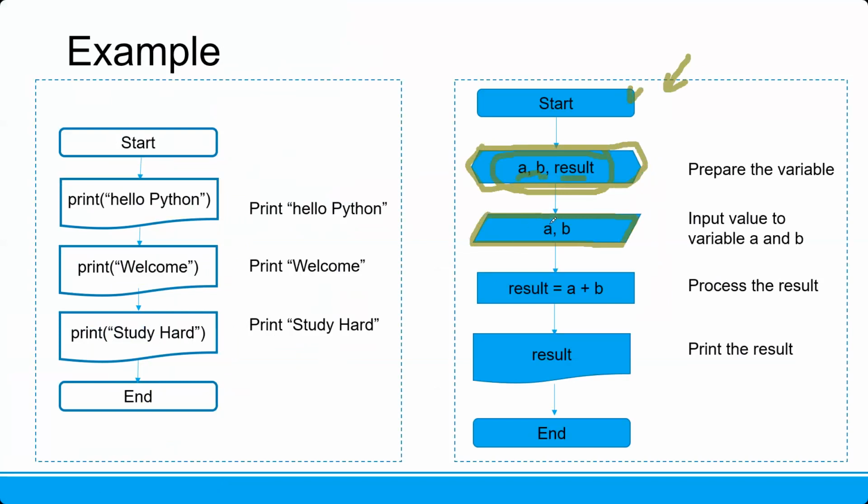So I'm going to give input to variable A and variable B. And then next, I'm going to put the result as A plus B. So this is the process. And then I want to print the result. And the program ends. So we call this sequence from the top to bottom.